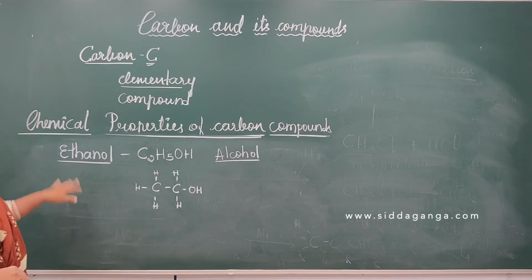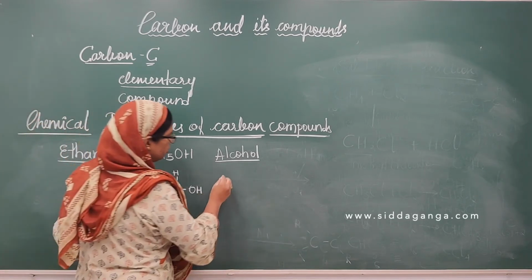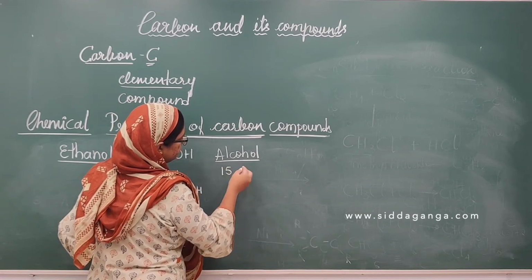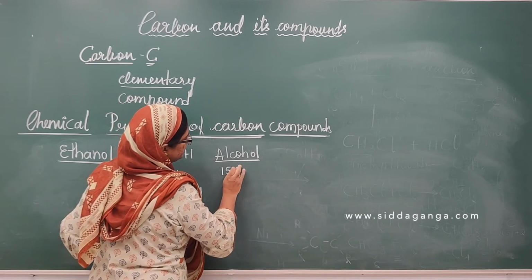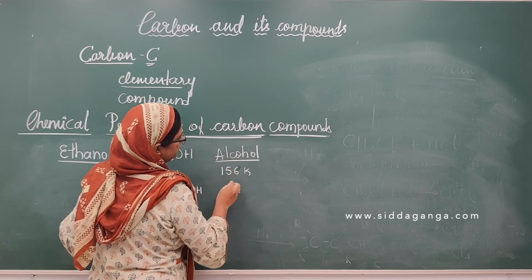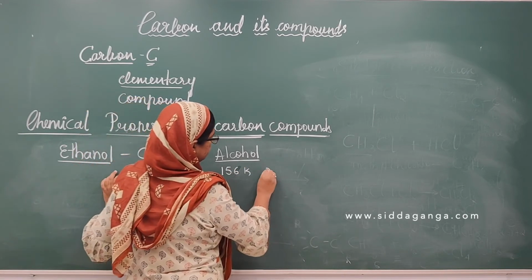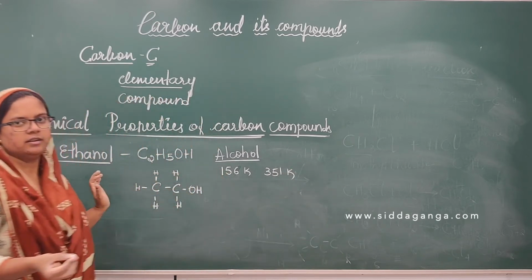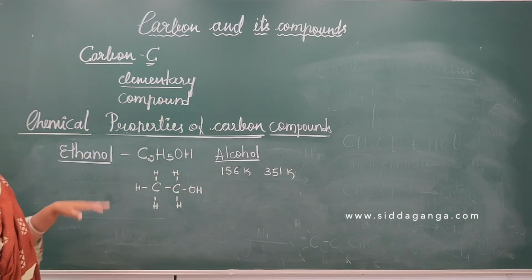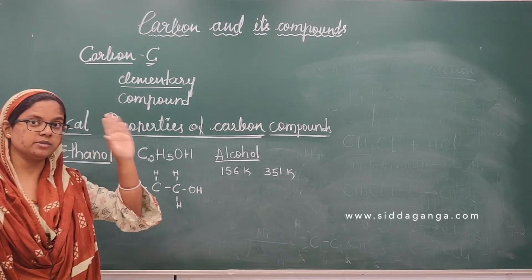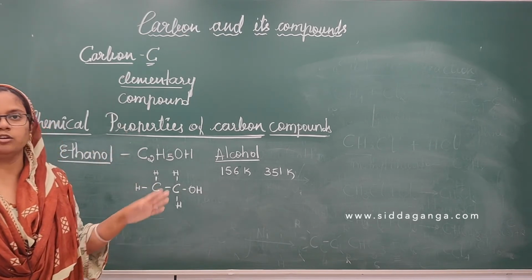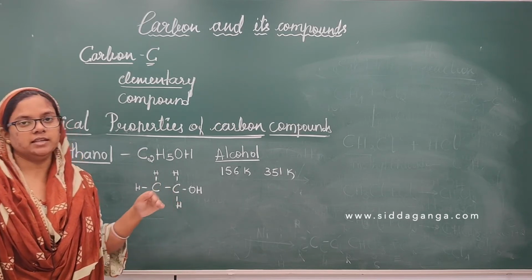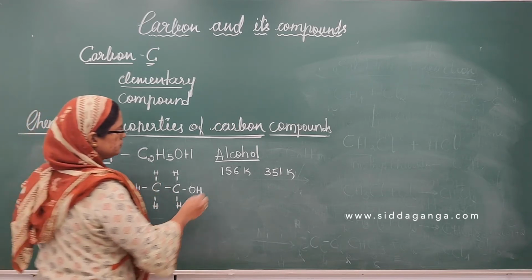Melting and boiling point of ethanol is very low. Melting point 156 Kelvin, boiling point 351 Kelvin. Very low. We know that ionic compounds have high melting and boiling points, whereas covalent compounds have very low melting and boiling points.